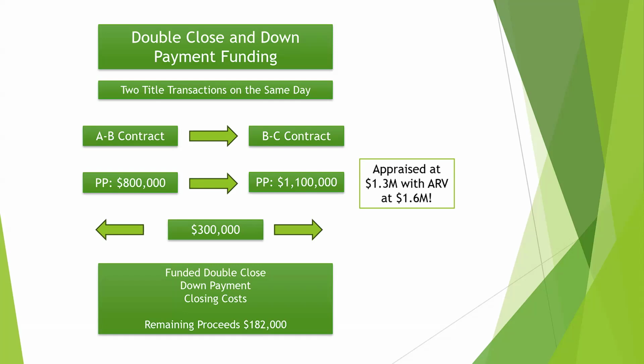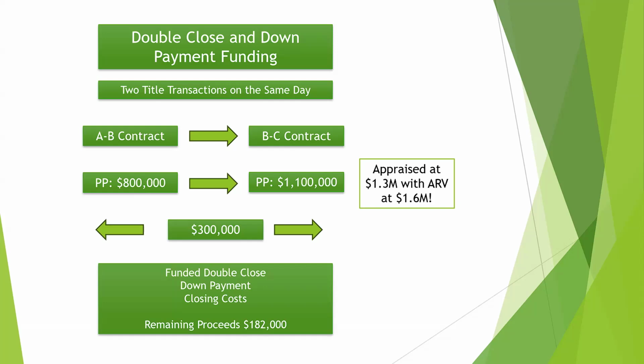And what I offered him is that we would utilize the funds in that spread, the $300,000, to essentially pay for his down payment and any other closing costs or fees with the title company. And when we laid it out, there was plenty of meat on the bone, where we had proceeds remaining, and we were able to pay ourselves out with cash after the closing.